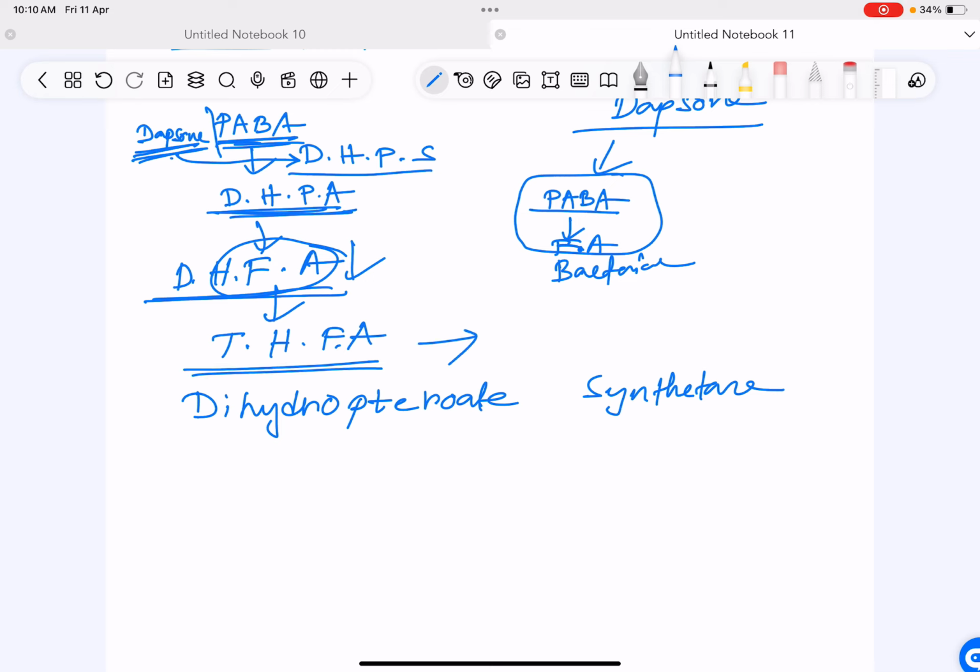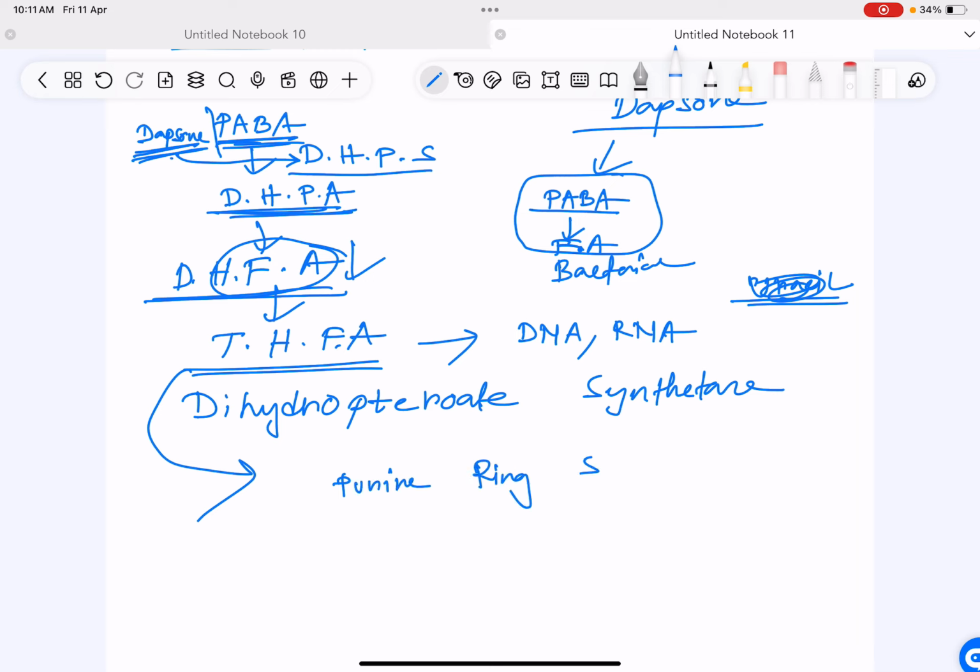This folic acid is required for DNA and RNA synthesis. No, wrong, sorry. Tetrahydrofolic acid is required for purine ring synthesis. Purines are adenine and guanine.